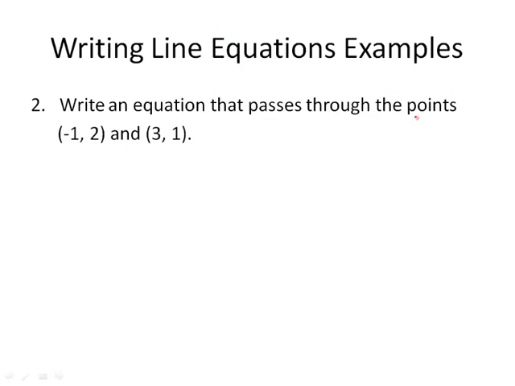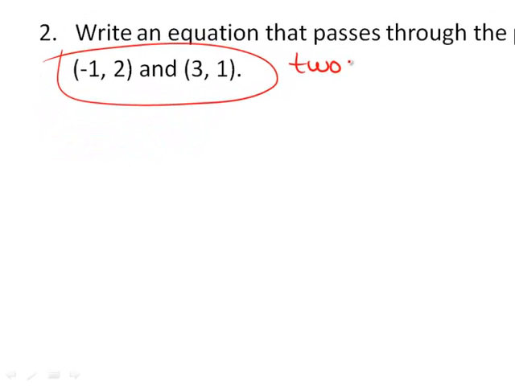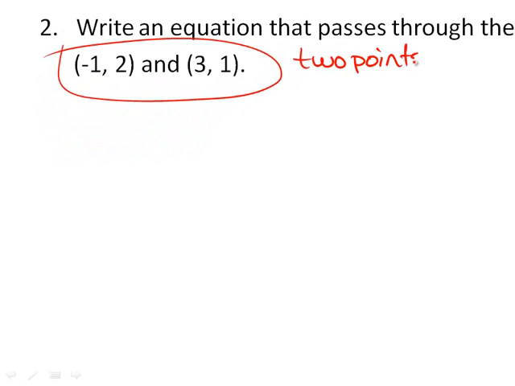Sometimes you're not given a slope. However, if you're not given a slope, you'll be given 2 points. How do you think you're going to find the slope given 2 points?